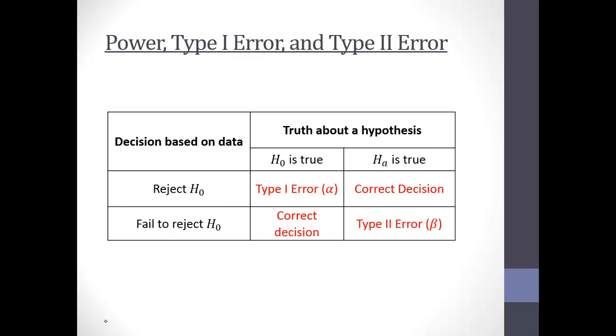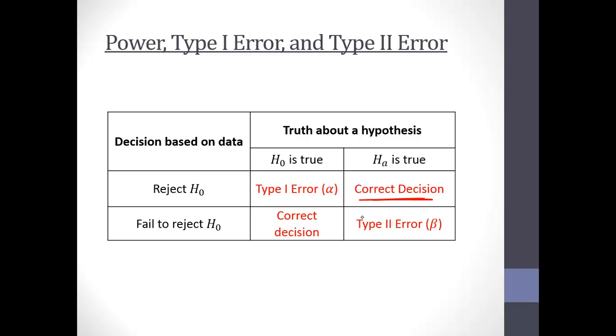And the same idea is true of a hypothesis test. The decision that you make based on the data, over here on the left side, is that you're either going to reject the null hypothesis or fail to reject the null hypothesis. But the truth could either be that the null hypothesis is true or the alternative is true.